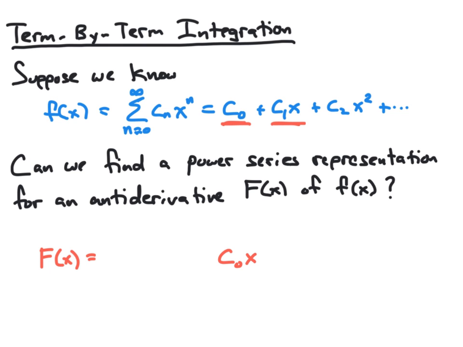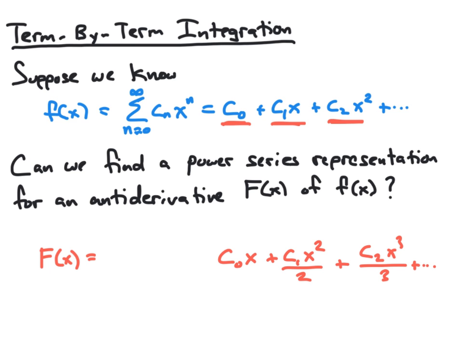The linear term, c1 times x, would have an antiderivative of c1 x squared all over 2. Our third term, c2 x squared, would antidifferentiate to c2 x cubed over 3. And of course, we could continue on with as many terms as we'd want.